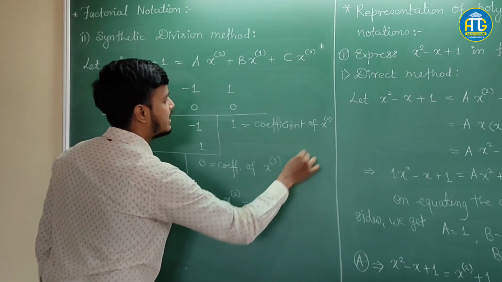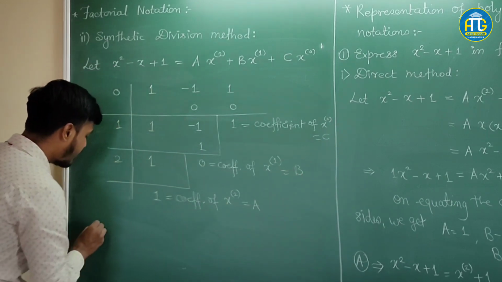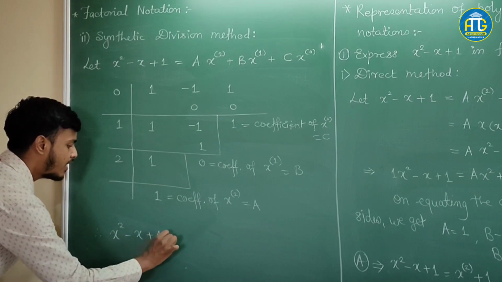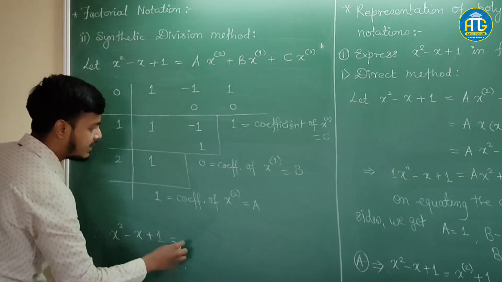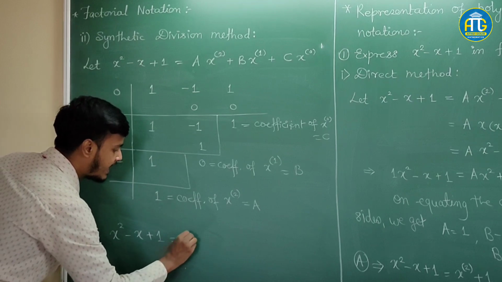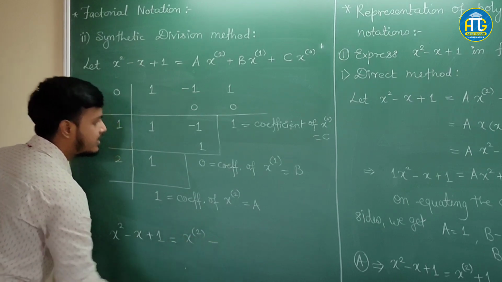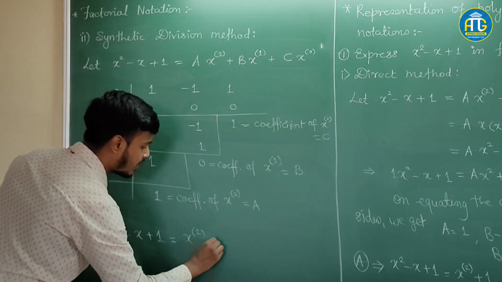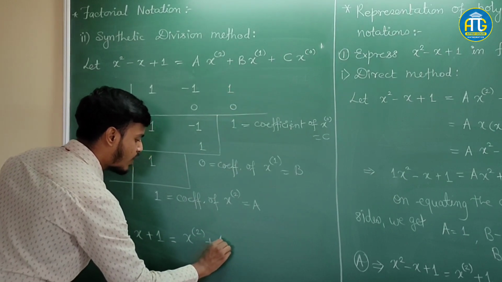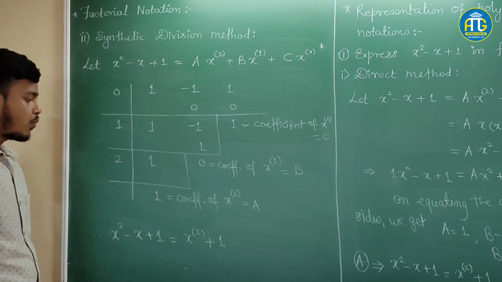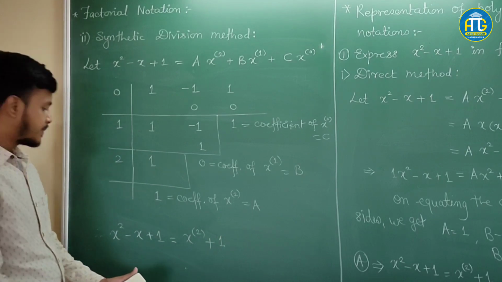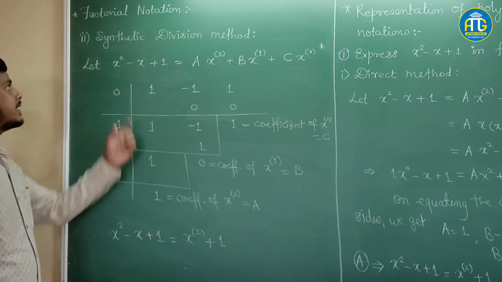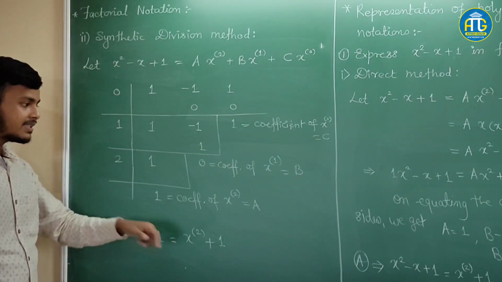This is b and this is c. Therefore x square minus x plus 1 can be written as a, that is 1, x raised to the power 2 factorial, b is 0, so no need to write it down, and c is 1, so 1 x raised to 1 factorial, that is 1. So as you can see, whether you go by the direct method or by the synthetic division method, you will get the same answer.